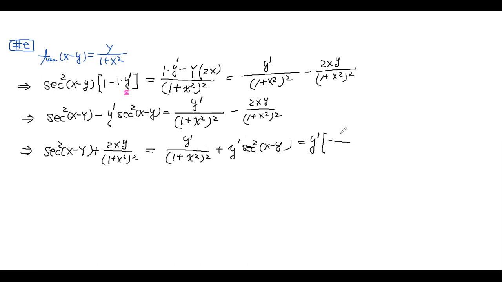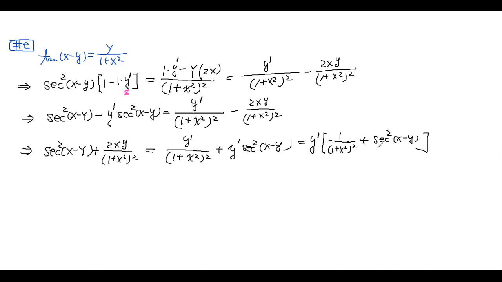So this is 1 over (1 plus x squared) squared, then plus secant squared x minus y here. Right?